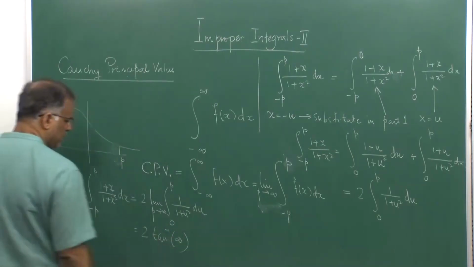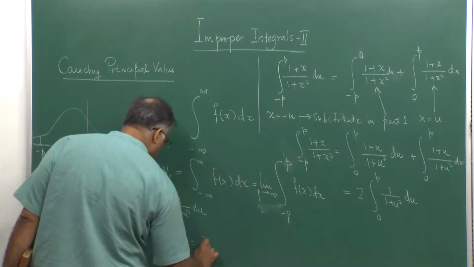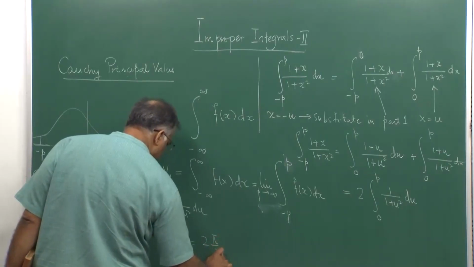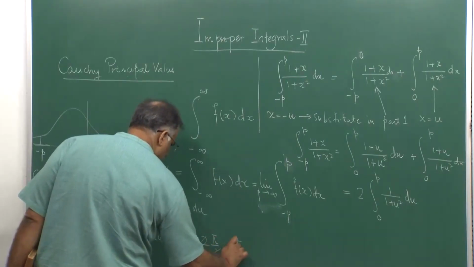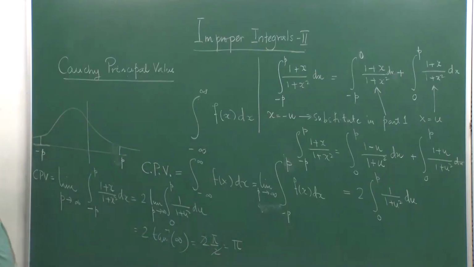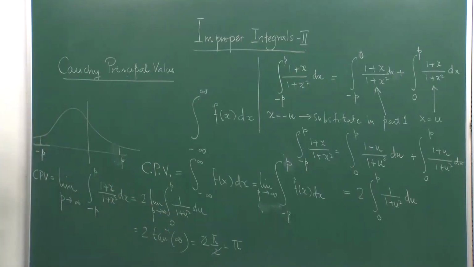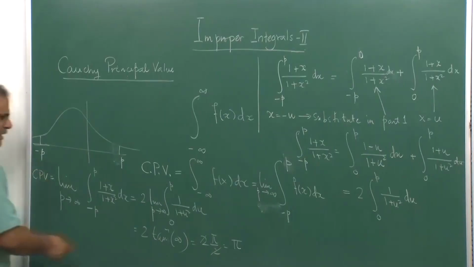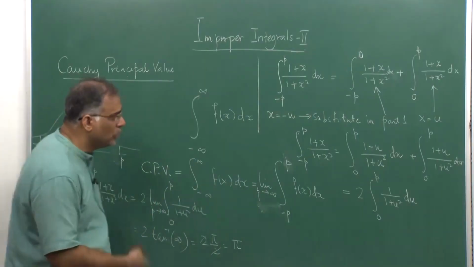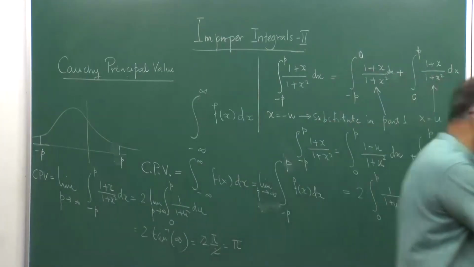So, essentially it means 2 into pi by 2. So, 2 cancels and the answer comes down to pi. So, you see the limit exists finitely, and hence in the Cauchy principal value sense, this integral has a value, though it does not have a value in the standard sense.